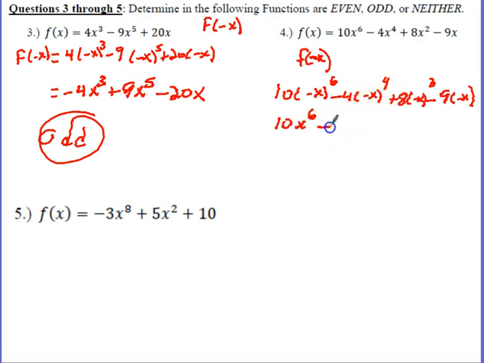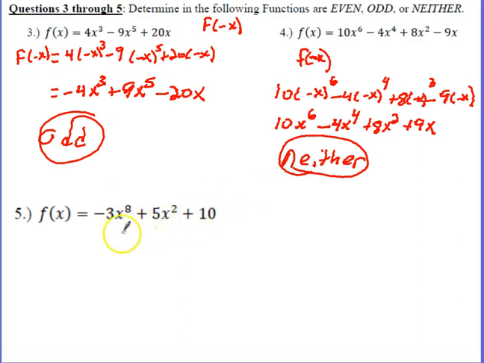Again, even power, so it would be minus 4x to the 4th. Even power plus 8x squared plus 9x. So same sign, same sign, same sign, opposite signs. So it's a mix. So the answer is this function is neither even nor odd.